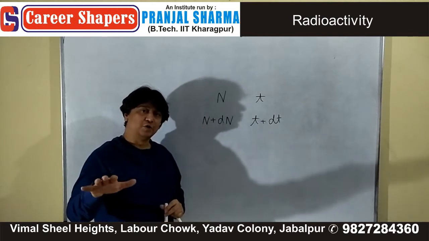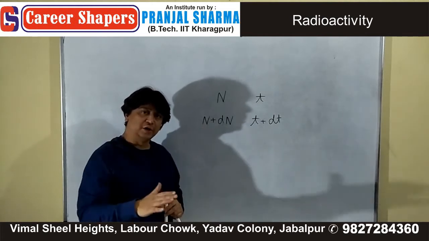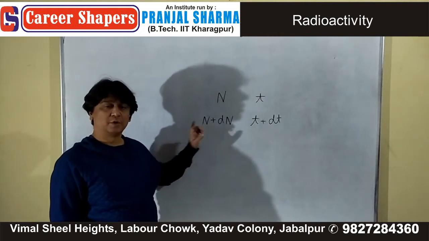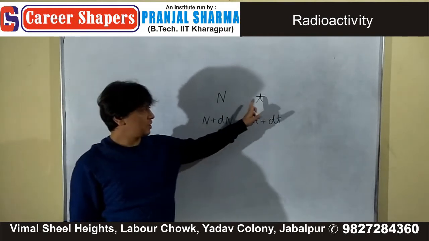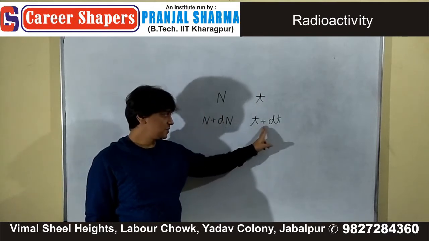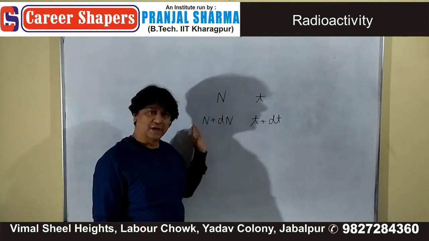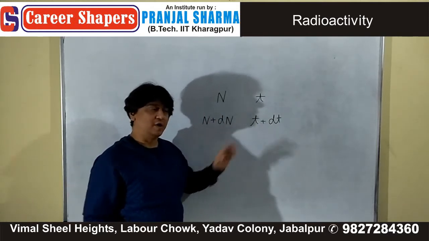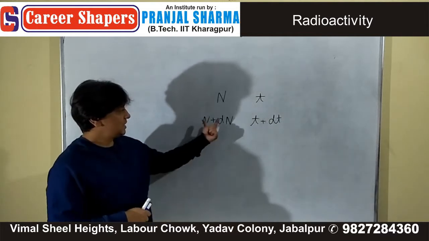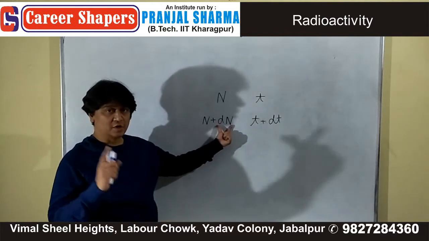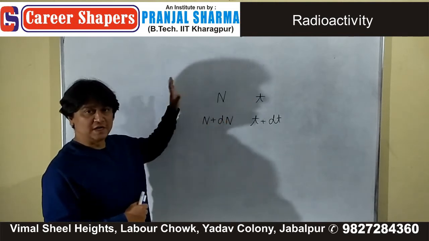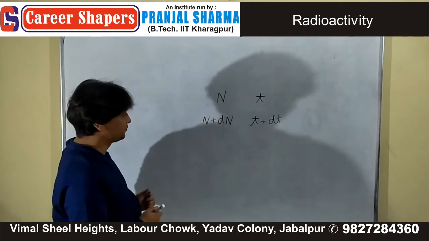The number of active nuclides is continuously decreasing, but still I am using plus, because this is maths. For x, something is y, and therefore for x plus dx, it should be written as y plus dy. But you know that this dN should therefore be negative. Then only disintegration will take place.